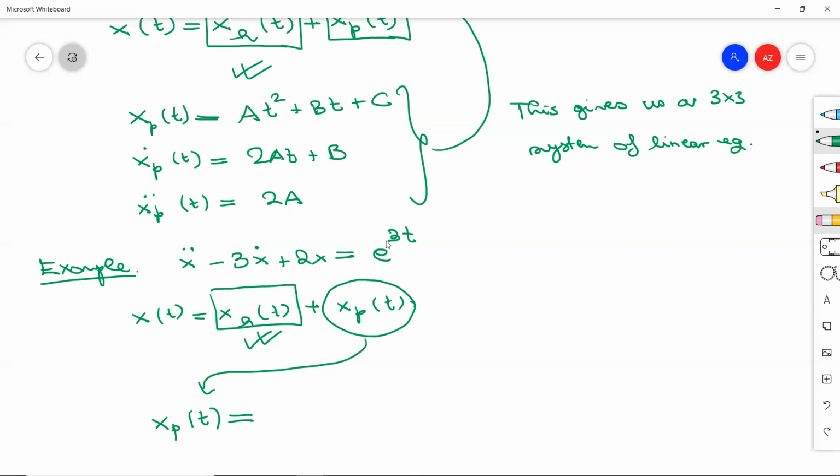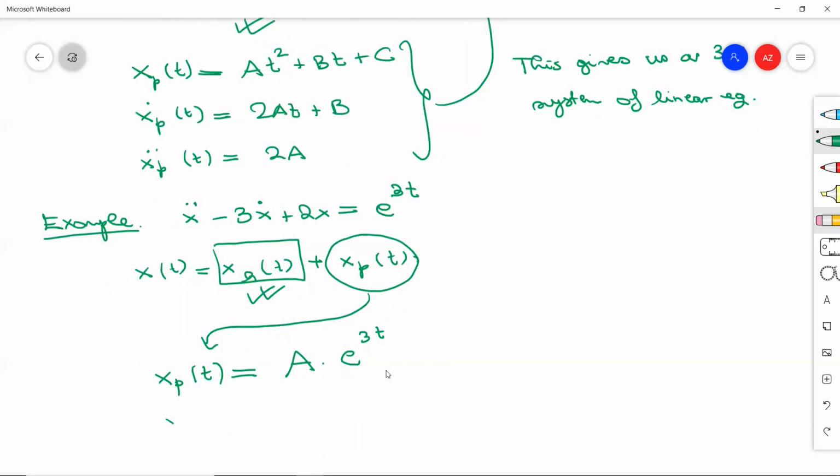Sorry? e to 3t times 1/3. Okay, yeah. So maybe not exactly 1/3, but some coefficient times e to the power of 3t. So the guess would be a times e to 3t, because if we take the derivative of this function, it stays an exponential function, only the coefficient changes.